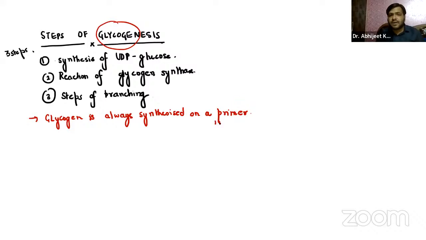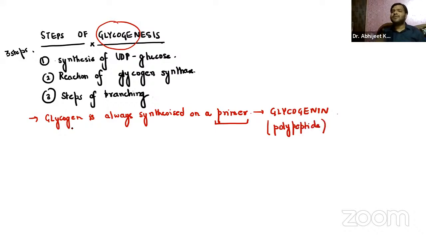Now this primer is very, very important. It is glycogenin, right? Now glycogenin is nothing but a polypeptide. When we say polypeptide, poly means many, peptide means peptide bond, right? Polypeptide is nothing but protein. So glycogen always requires a protein, and that protein is the polypeptide, nothing but glycogenin.